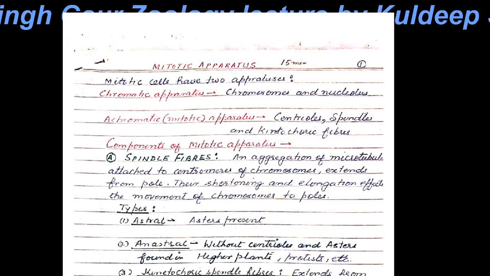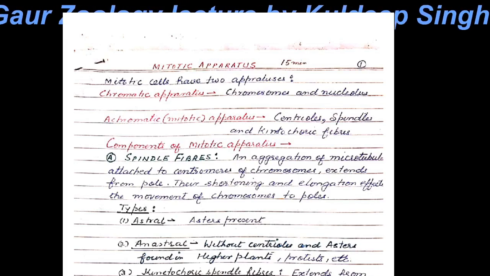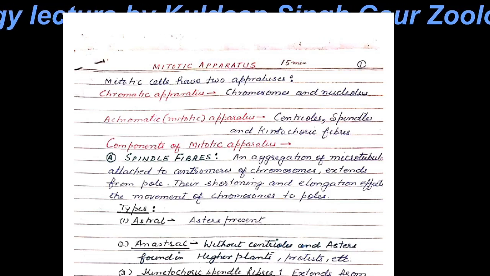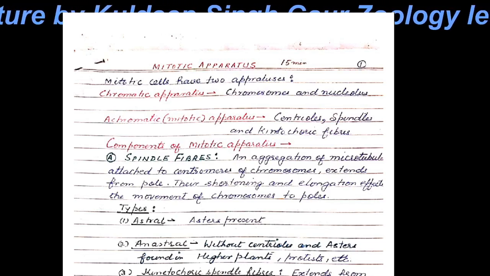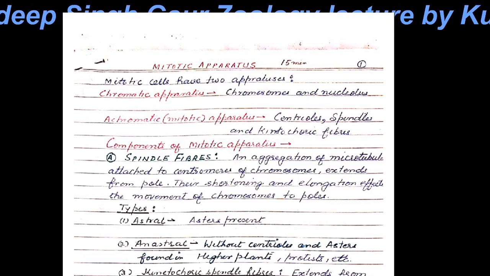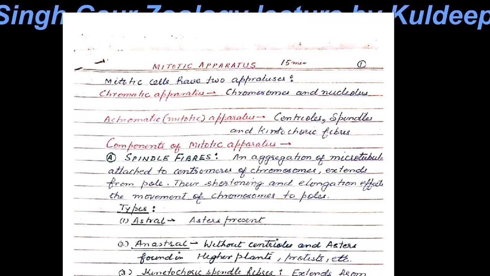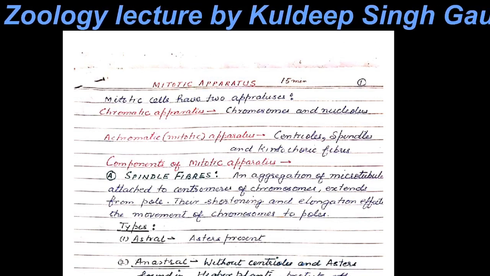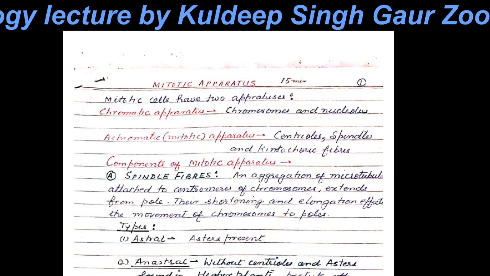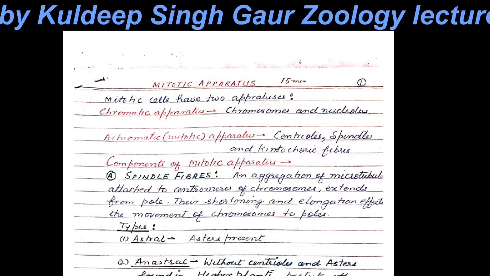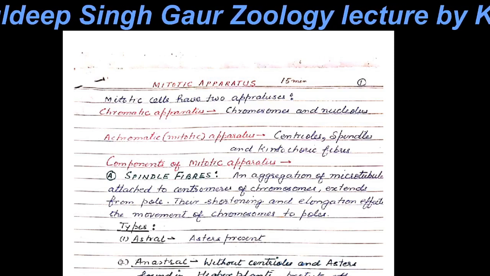Now the mitotic cells, that means the cells which are undergoing mitosis, have two apparatuses: one is the chromatic apparatus and the other is the achromatic apparatus. In the chromatic apparatus, we take chromosomes and nucleolus, whereas in the achromatic apparatus, we generally take centrioles, the spindle fibers, and kinetochoric fibers.